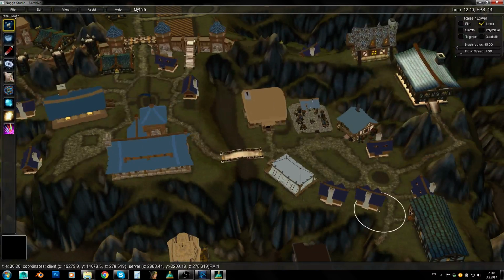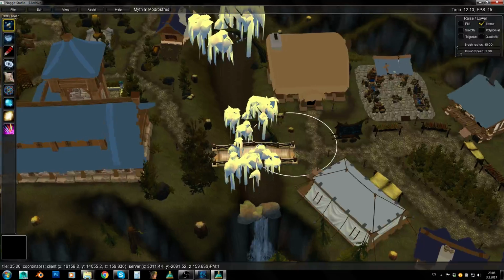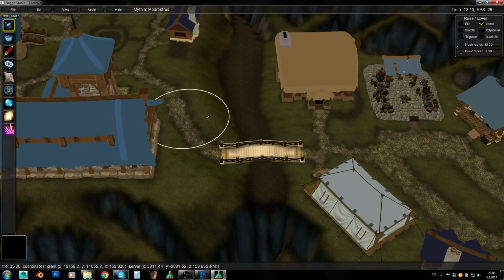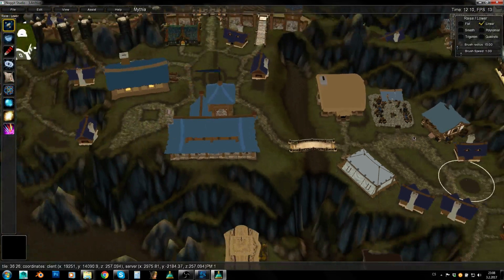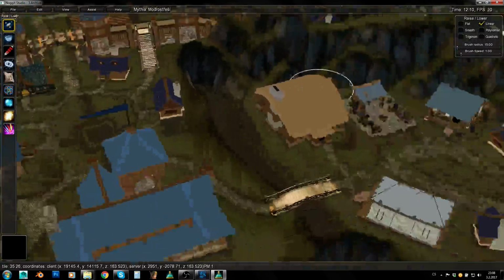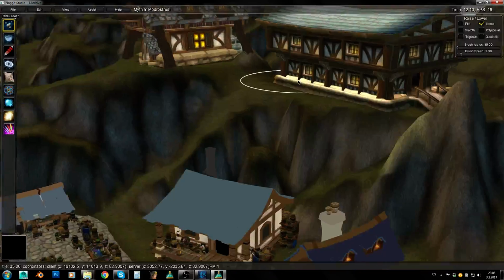So this basically could be one huge quarter, one huge place, but I have decided to break it into multiple ones. So I have created this sort of river here, and this has immediately divided this quarter into two. So I've got two quarters now instead. And another thing to note is that I have even placed some buildings above.